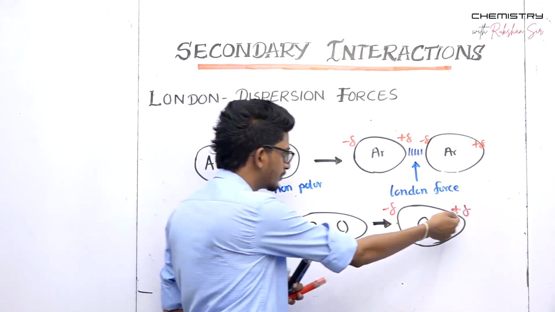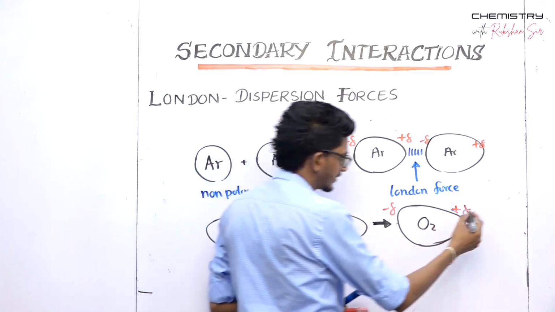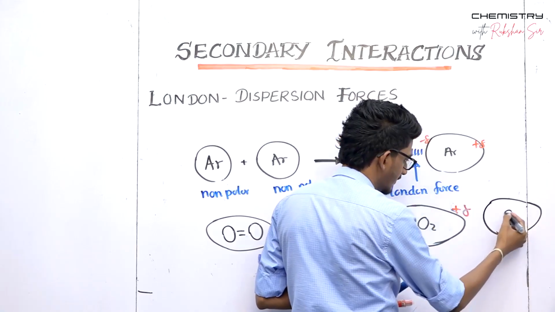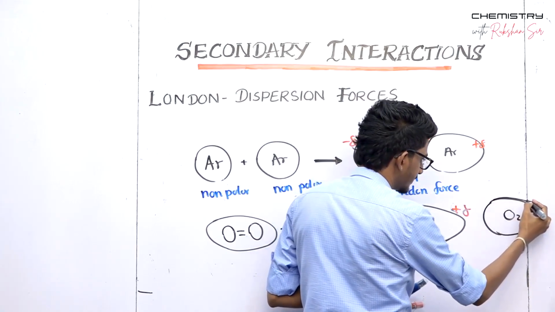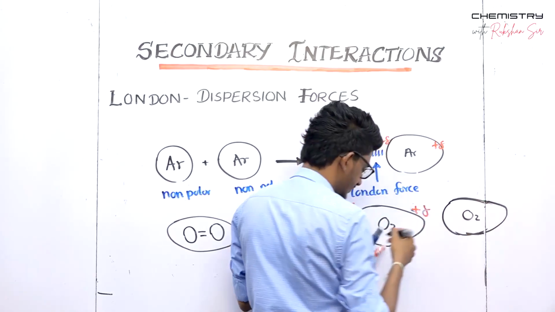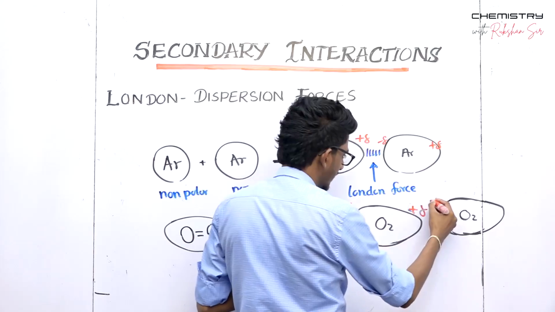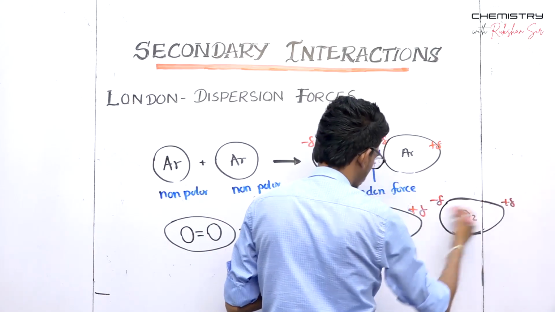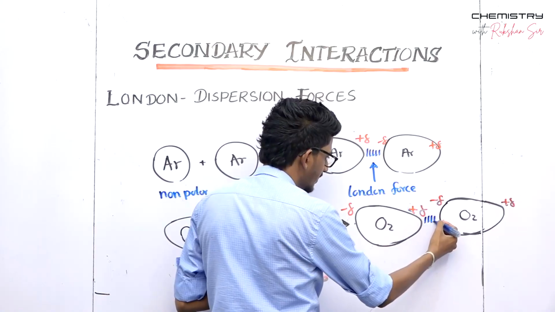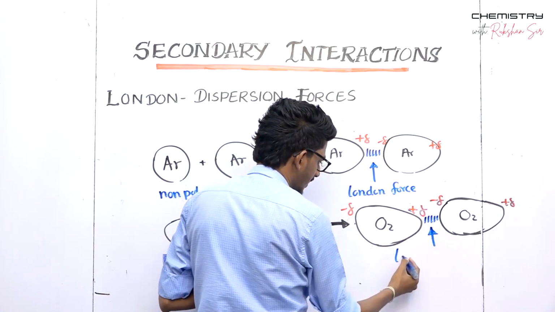Towards this positive pole, this other molecule's electron density will attract, so it will create a dipole as well: the negative pole here and the positive pole here. The attraction between these induced dipoles is referred to as the London force.